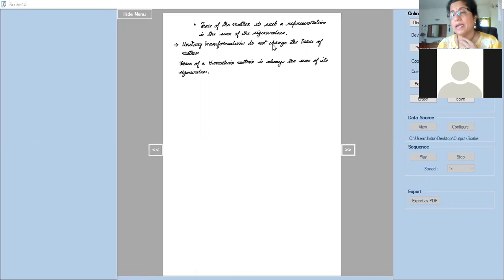Now, unitary transformations will not alter the trace of a matrix. So thereby, for a Hermitian matrix, the trace is always the sum of the eigenvalues. I hope this is completely clear to everybody.